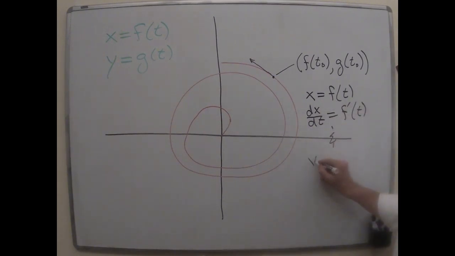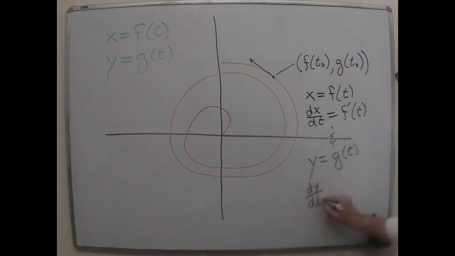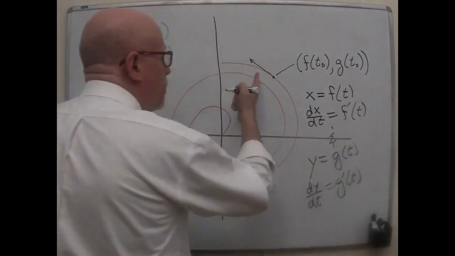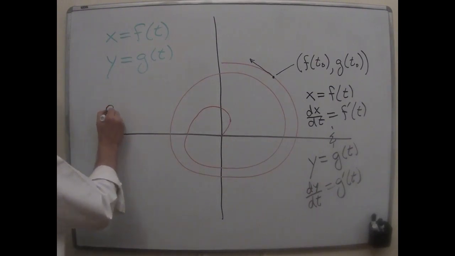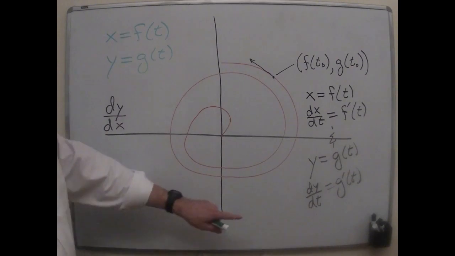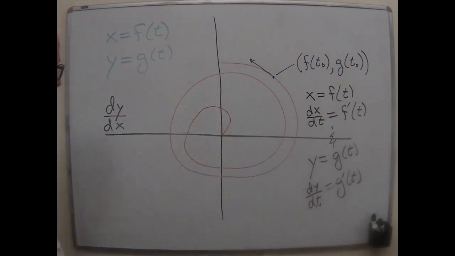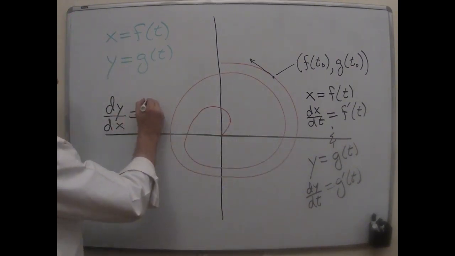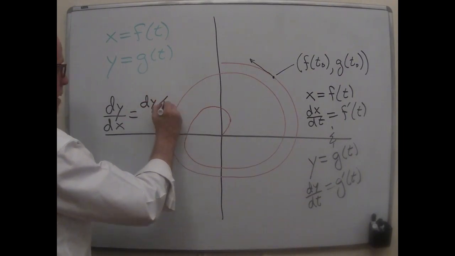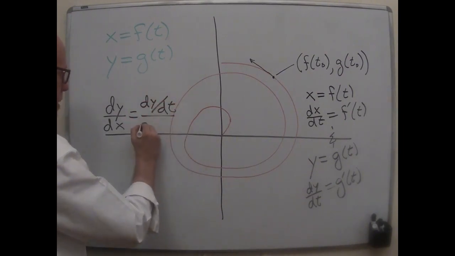Also, y is g of t, and so dy/dt, that's g prime. Now what I'm asking you for, the slope of a tangent line, is literally dy over dx. So how do we use the ingredients we've got to get that? You guessed it, you're right: dy/dt over dx/dt.